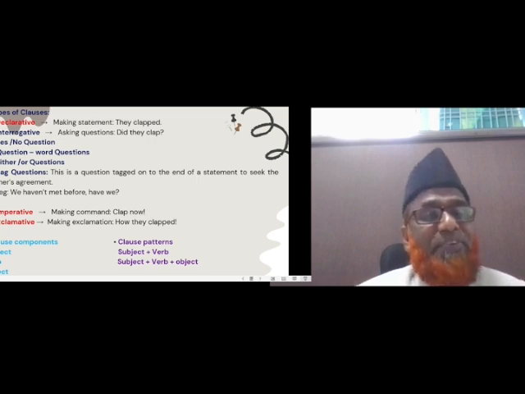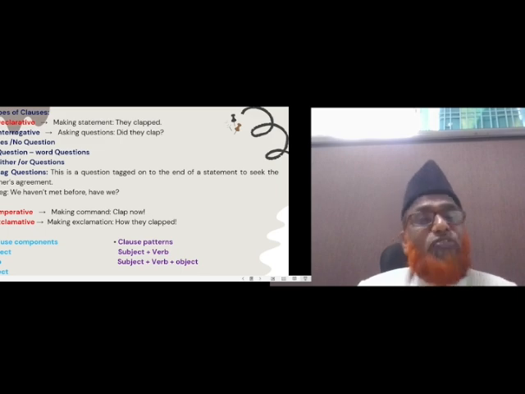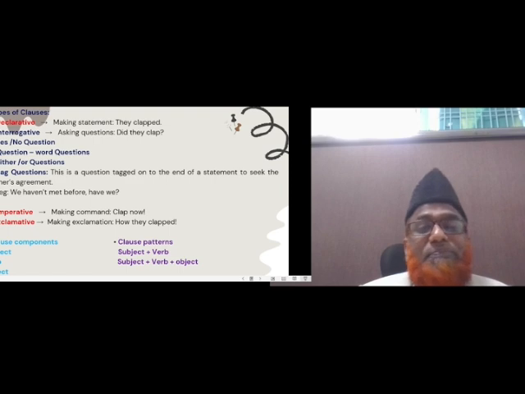The other part uses this very auxiliary verb in repetition, but take care: if you have used the auxiliary in negative form, you use it in the other part in positive form. So this is called a tag question.